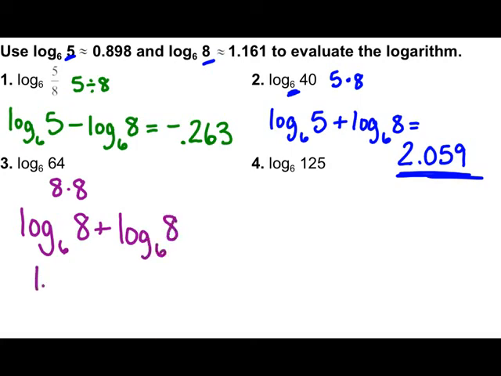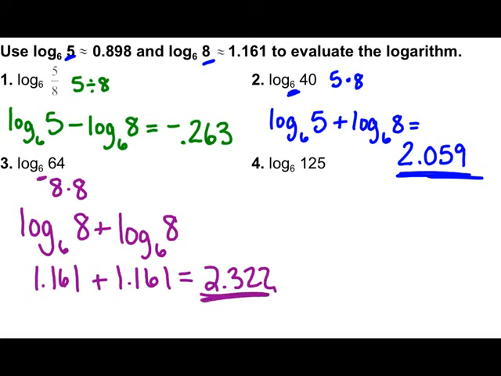In this case, 1.161 plus 1.161, which is basically times 2. Thus yielding an answer 2.322. That means if I took 6 to this power right here, I would get about 64.